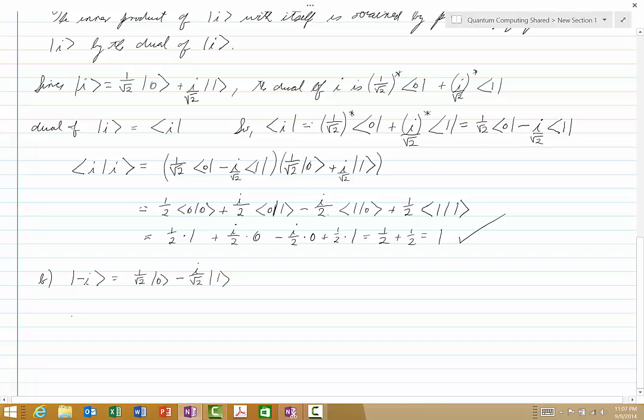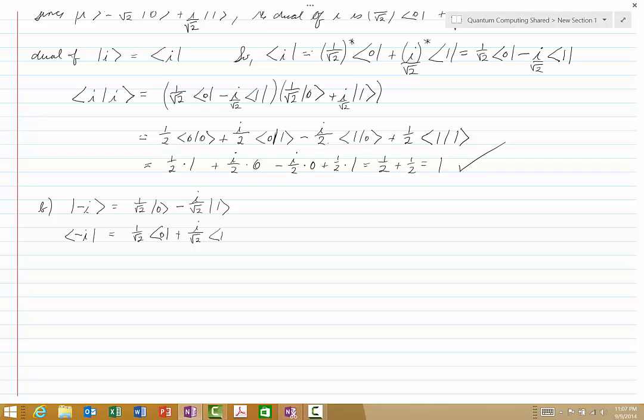And therefore, the dual of that will be 1 over square root of 2, 0, plus i over the square root of 2, 1.